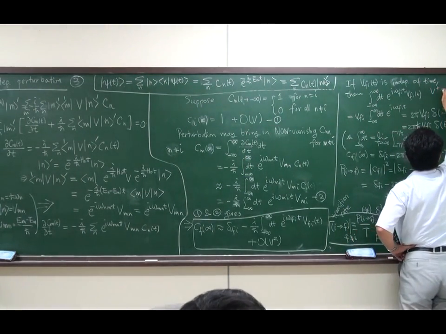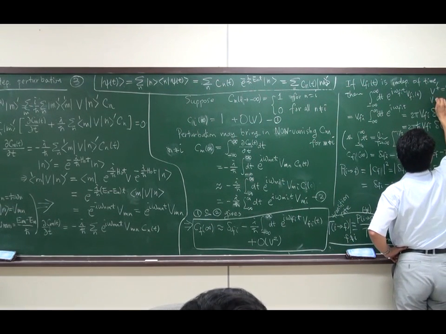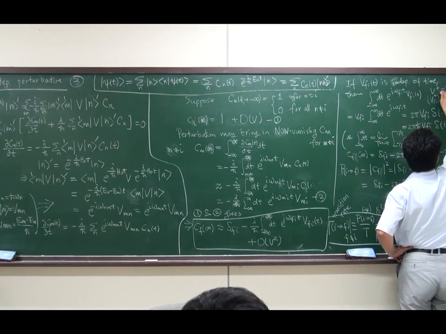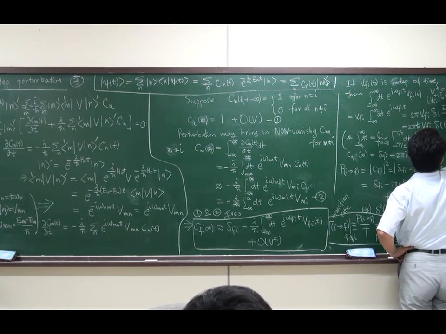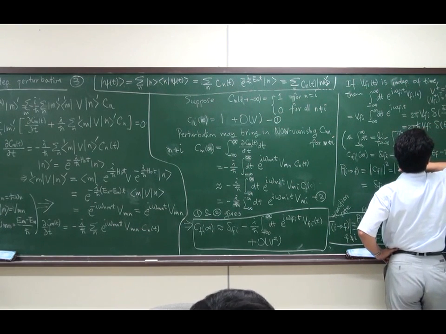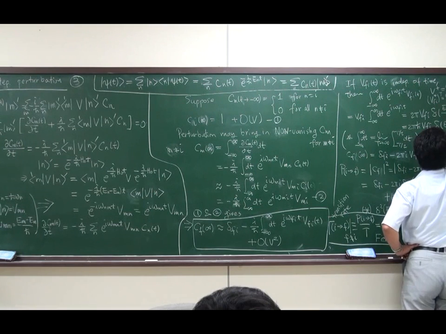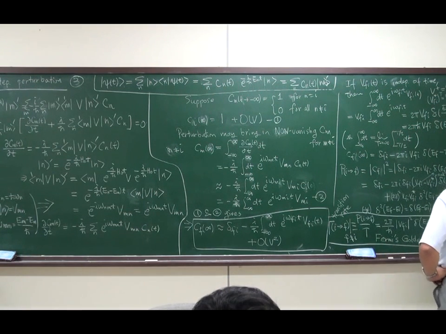V dagger is V, then V_fi star transpose is, if I simplify this, transpose V star_if, right? Equals V_fi. Right? Yeah. Then there is something wrong in here.